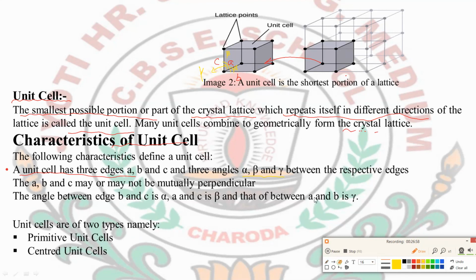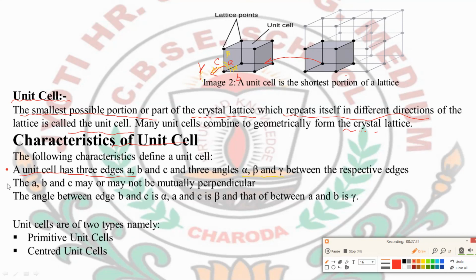Let me change the color of this gamma so it will be more easily visible to you. Okay, this angle is gamma. So they have three different edges, A, B, and C, and three different angles, alpha, beta, and gamma.